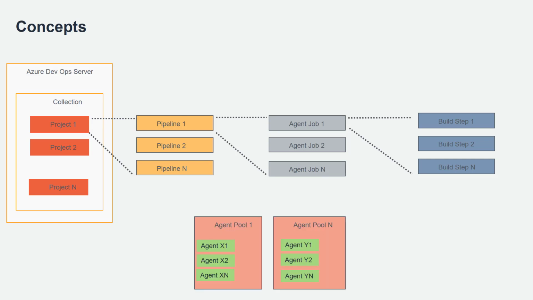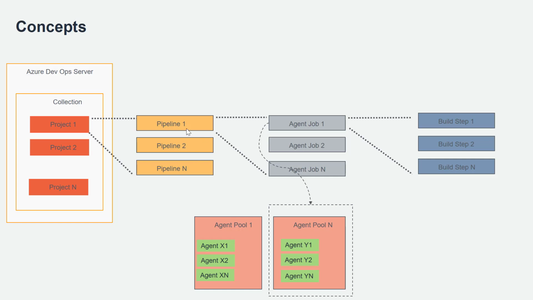And these build steps, or the agent job, get scheduled in one of the agent pools. So you associate an agent job with an agent pool. And you can have multiple agent pools.